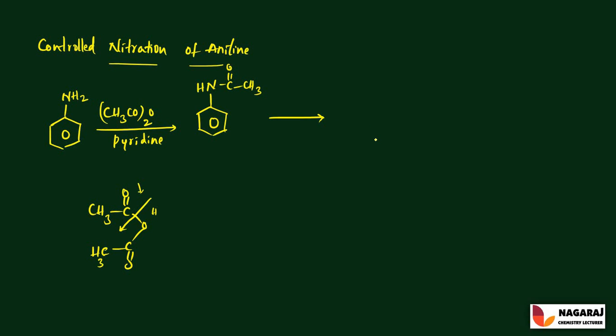Next, the reaction takes place in the presence of nitrating mixture, that is HNO3 plus H2SO4 at temperature 288 Kelvin, same temperature. So it gives the product, that is nitro group attached at ortho and para position, in which the major product is para substituted product.